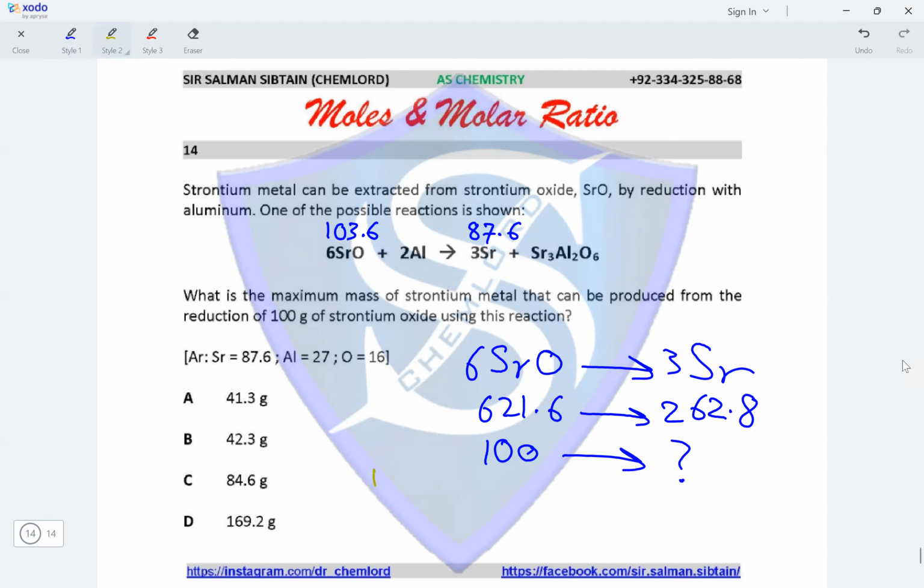So the calculation would be 100 divided by 621.6 multiplied by 262.8, giving us a mass value of 42.28 grams, making option B the correct option for this question.